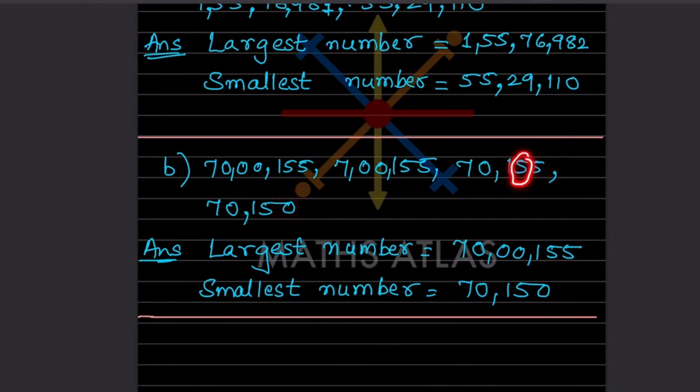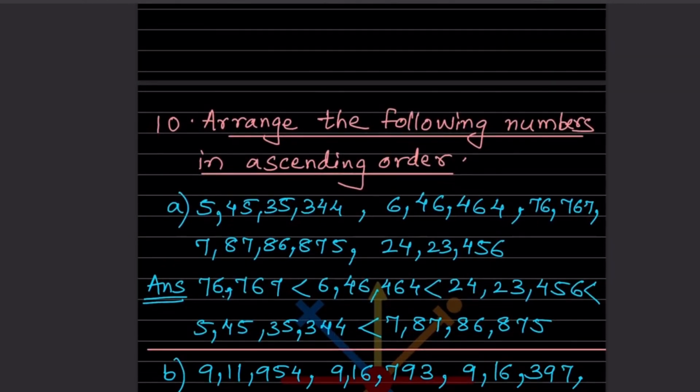Here we have 5, we have 5. Here we have 1, we have 1. These all numbers are the same, only the ones part changes. So this is 5 and this is 0, but we have to see which will be the smallest. Of course, from 5 and 0, the 0 is going to be the smallest one, isn't it? So we will consider this number as the smallest number.